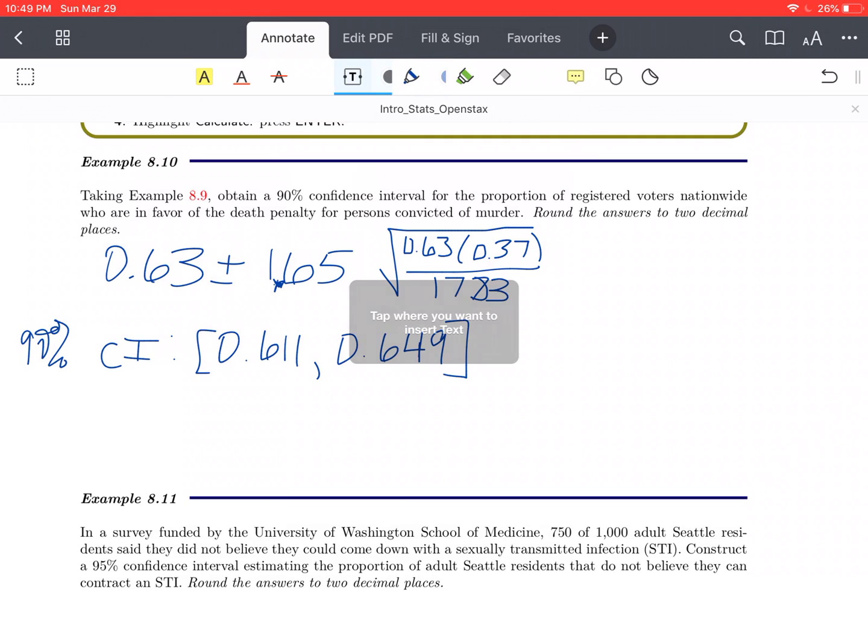Okay. So again, let's interpret this. So what is this confidence interval telling us?